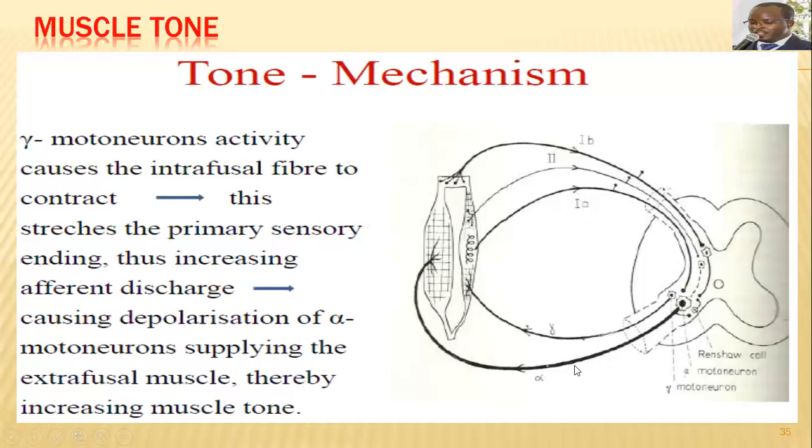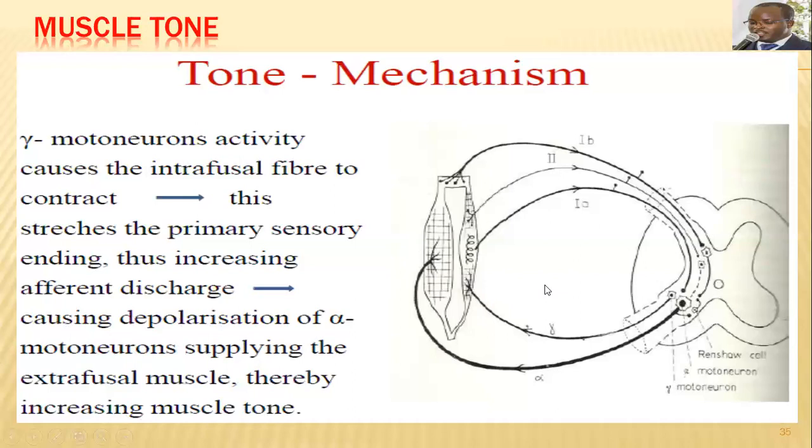Once the alpha motor neuron fires an action potential, it is going to stimulate the extrafusal fibers, which will bring about some contraction of the extrafusal that is responsible for muscle tone. Once there is contraction, it will result in depolarization of the alpha motor neuron supplying the extrafusal muscle, thereby increasing the muscle tone. So this is what is going to increase the muscle tone.